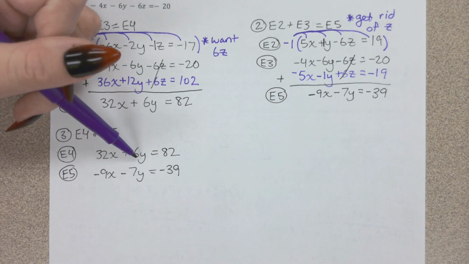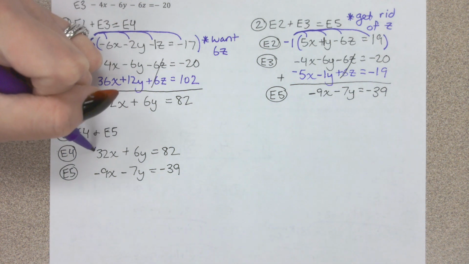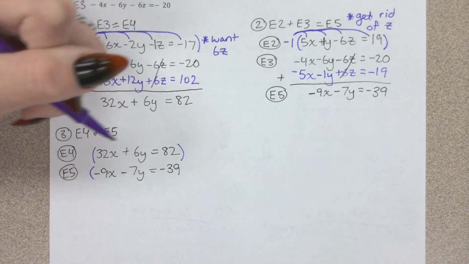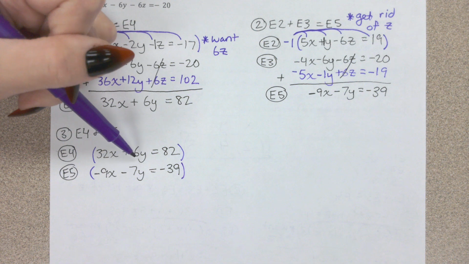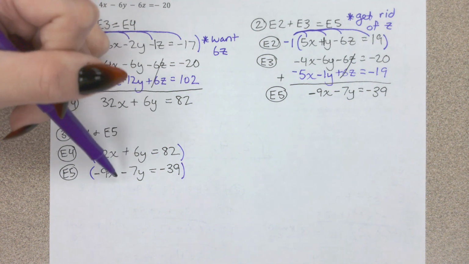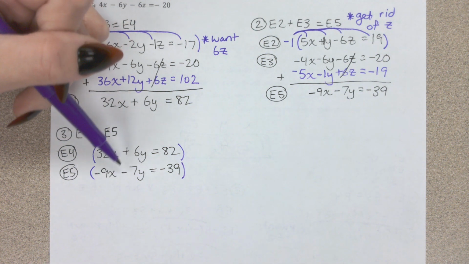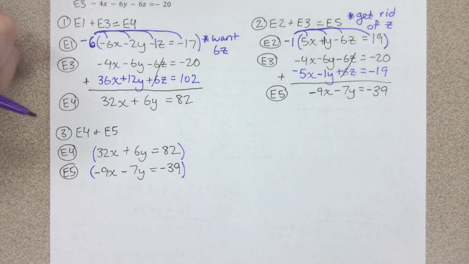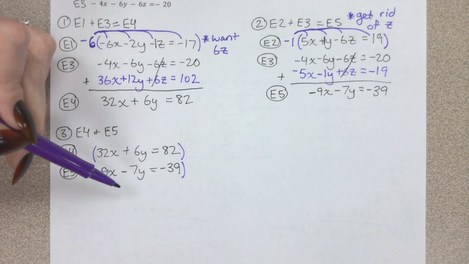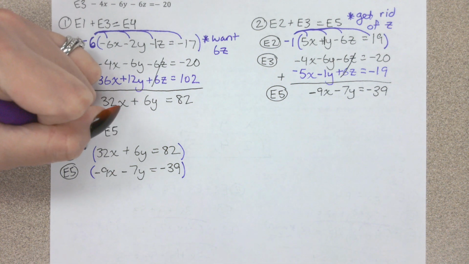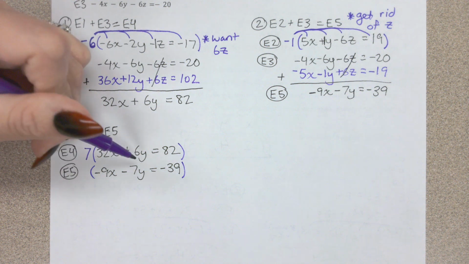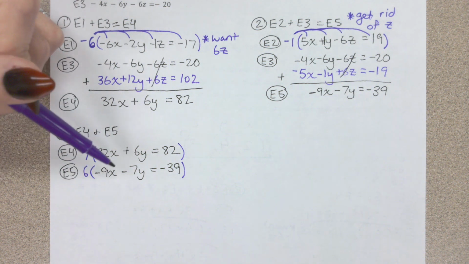Now, I can't turn 6 into 7 or vice versa, so I'm going to have to multiply them by each other. And keep in mind, these are already opposite signs, so do not multiply either of these equations by a negative. I just need the numbers. So we're going to multiply the top equation by 7 and the bottom equation by 6. Again, signs are fine.